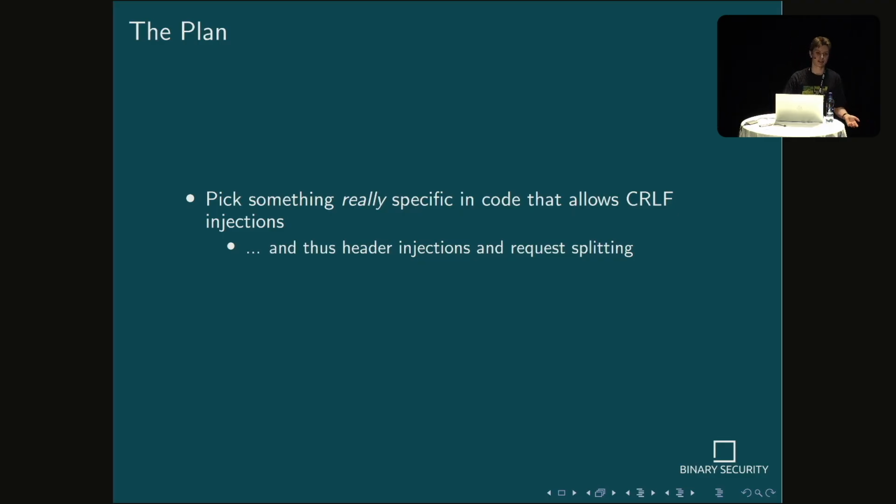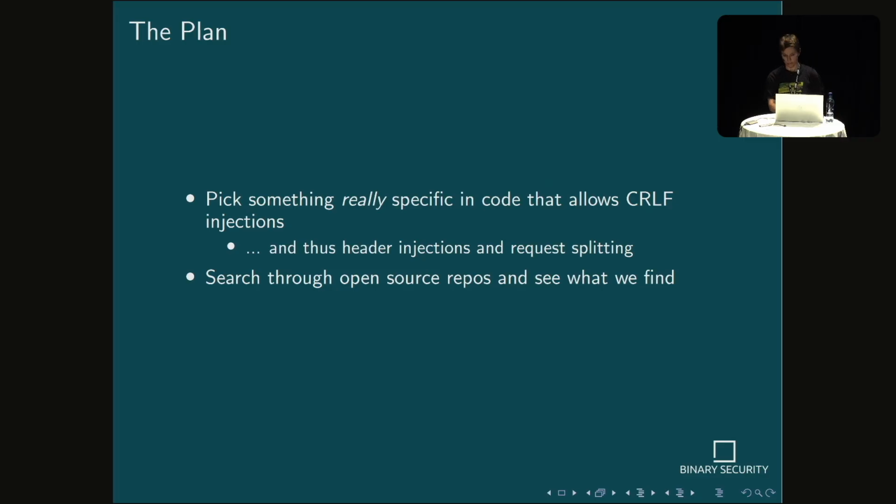If you can do CRLF injections, you can also do header injections and request splitting, as we just saw. I mean, you might be able to at least. Then we're going to search through all open source repositories and packages and whatever we find out in the wild, and see if we find lots of bugs. And then we are going to become famous. Or speak at BSides, or both.